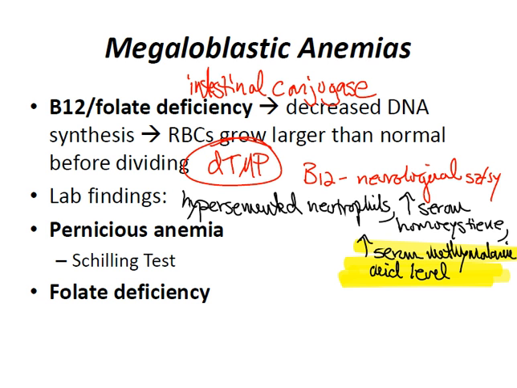So we have this thing called the Schilling's test. Part 1 is where the patient is given an oral dose of radio-labeled B12 followed by an intramuscular injection of non-radio-labeled B12. It's positive if less than 5% of the radio-labeled B12 is detected in urine after 24 hours.